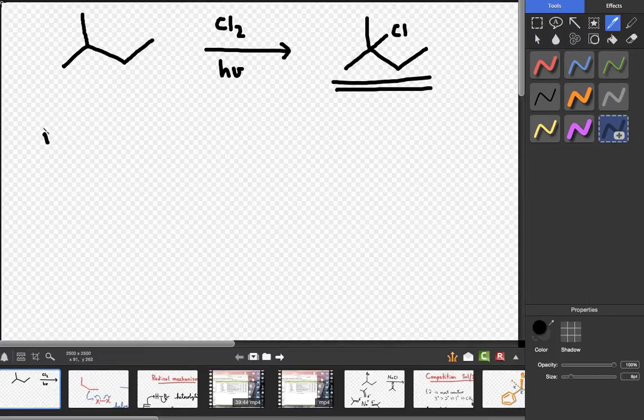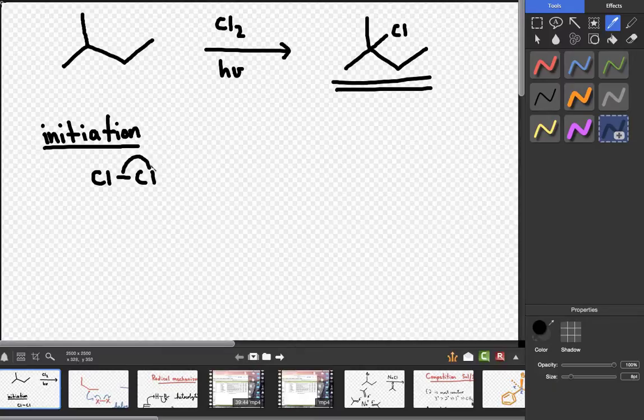So of course I need to start with an initiation step. Initiation is easily facilitated because a chlorine-chlorine single bond has a bond dissociation energy of about 58 kJ per mole. In other words, it's not very stable. In the initiation step, a Cl-Cl bond will undergo homolytic bond dissociation in the presence of a photon of light to produce two Cl radicals.